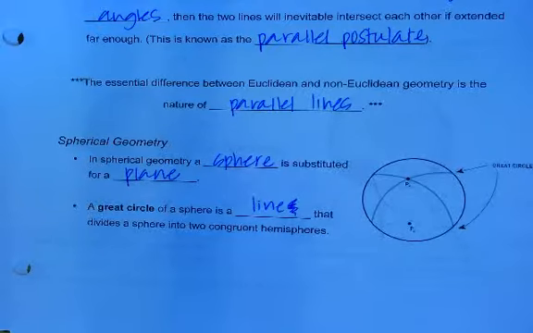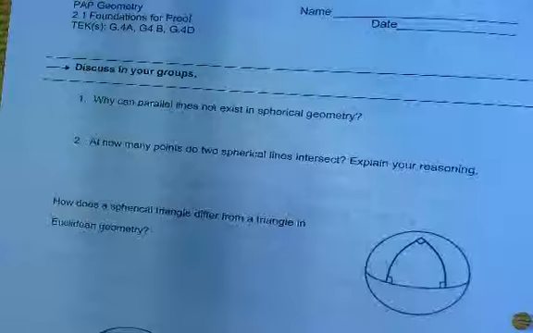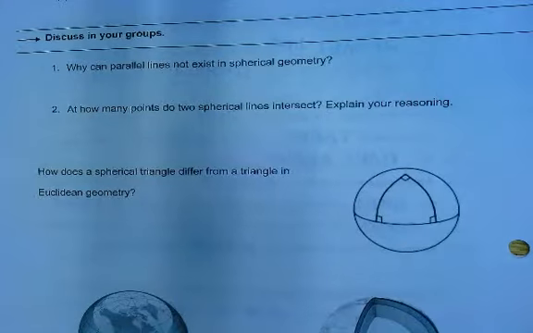If you turn the page, it says why can parallel lines not exist in spherical geometry? In spherical geometry, what do we call our lines? Great circles. And what did we just discuss about great circles? They cut the globe in half, but what else?